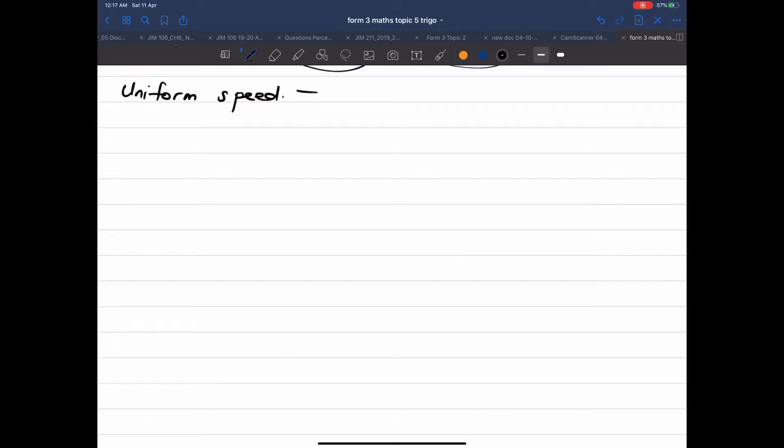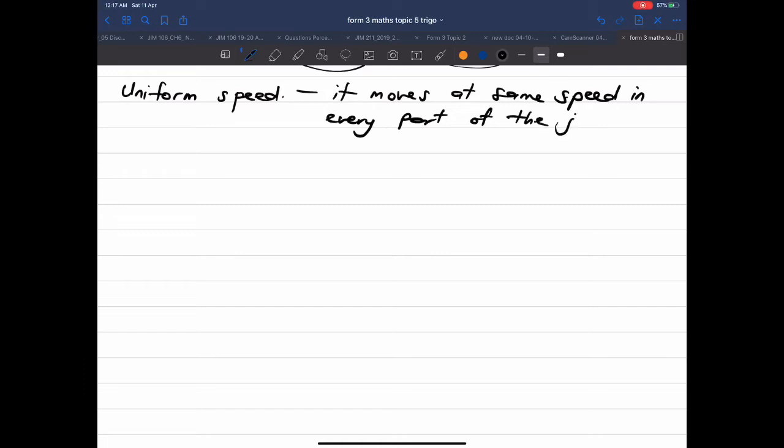It is when, for example, a bicycle moves at the same speed in every part of the journey. Okay, it moves at the same speed in every part of the journey. That is the meaning of uniform speed.